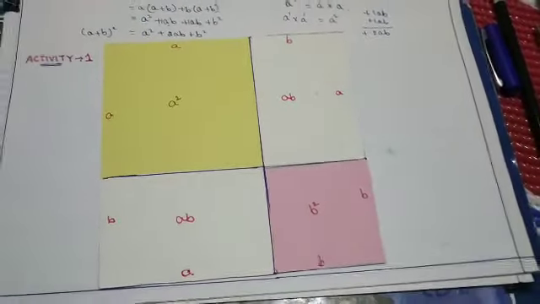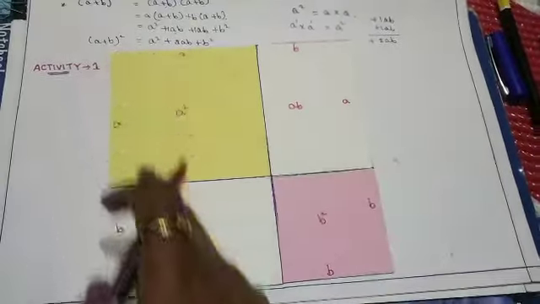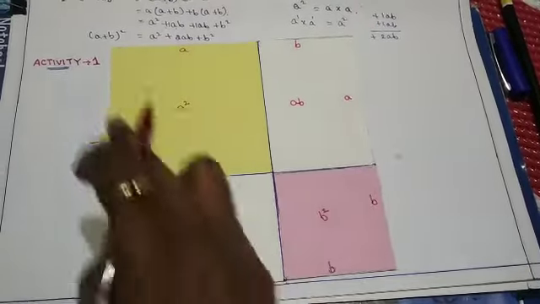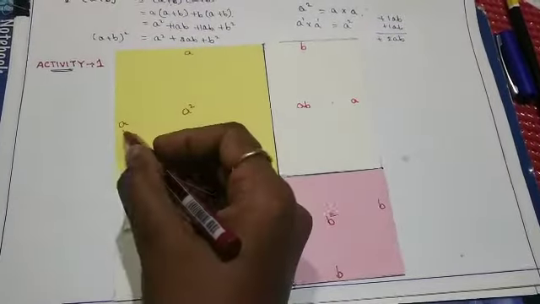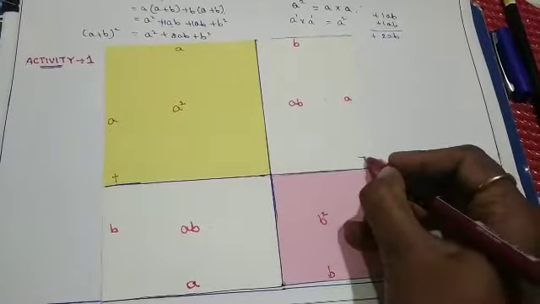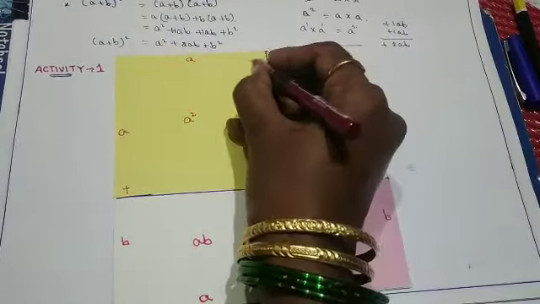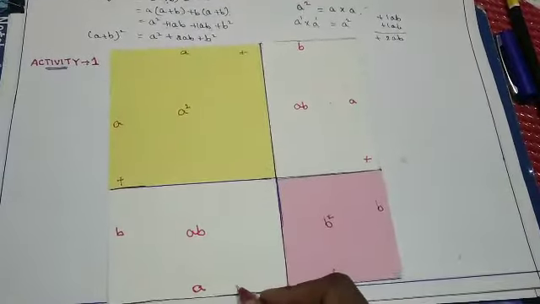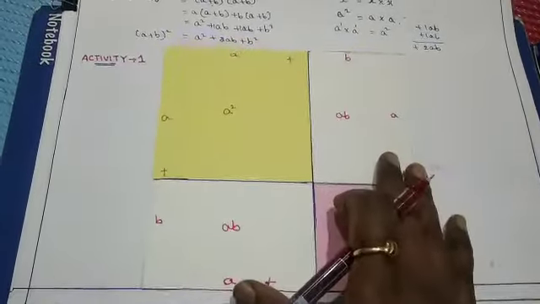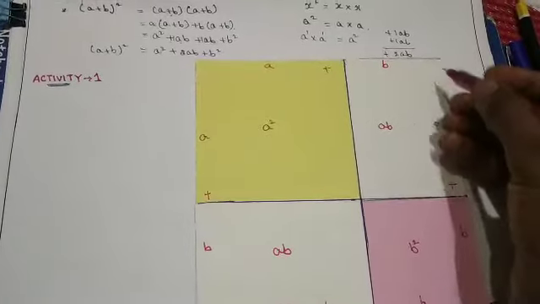Then what will be the area of the bigger square? The area of the bigger square is nothing but side into side. The length of this side was A and B, so it becomes A plus B. Here also A plus B and A plus B. So let me place this complete on this sheet now. What is the length of the bigger square?